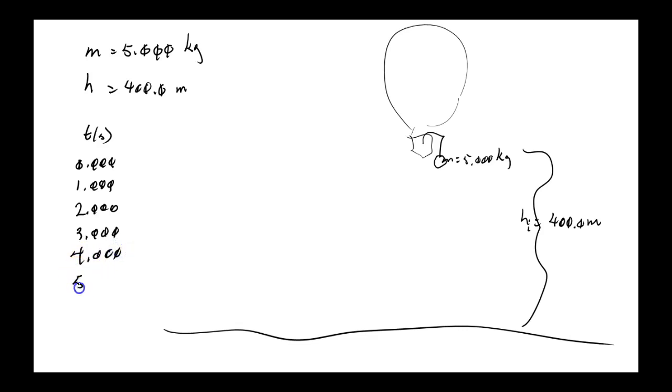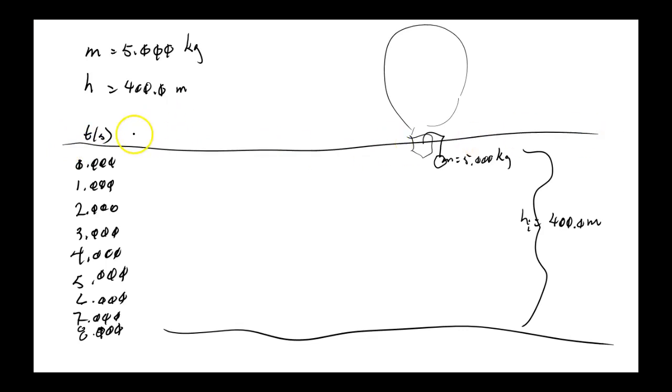Are we going to do all these? I hope not. 5.000 seconds, 6.000 seconds, 7.000 seconds, 8.00, I don't have room to write them all in here. It goes up to 9 point something another. We're not going to get that many. Okay, we're going to stop way before that. All right, that's your first column.